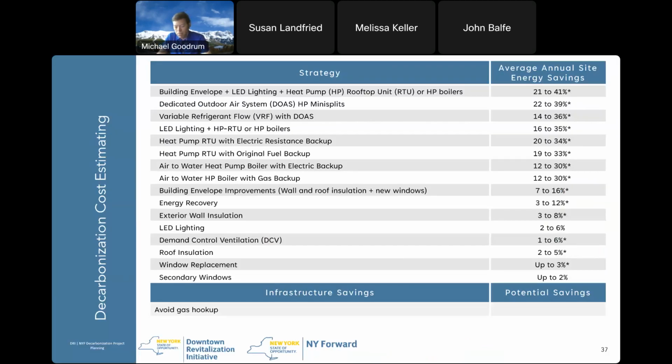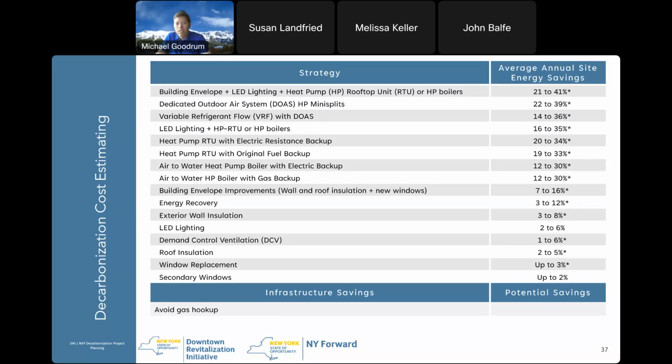Some brief economics information, some basic savings for some of the strategies that we've talked about. These are all shown in percentages. They're not really dollars. There are so many things that impact the cost, like size of building, type of system, all that. But these are basics from data for the state of New York, and can be pretty representative.